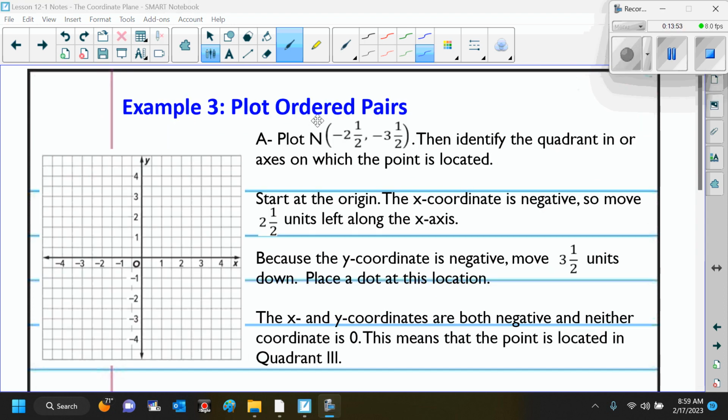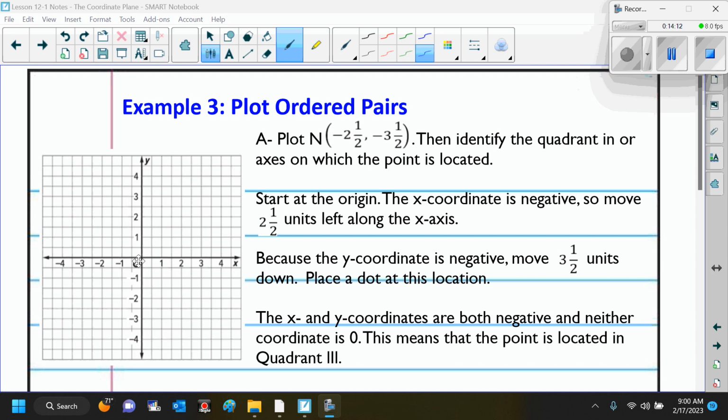All right, so example 3 is plotting the ordered pairs. Okay, so when we say plot, that means where you're going to put a dot on the coordinate plane. So here we want to plot point N, which is at -1.5, -3.5.